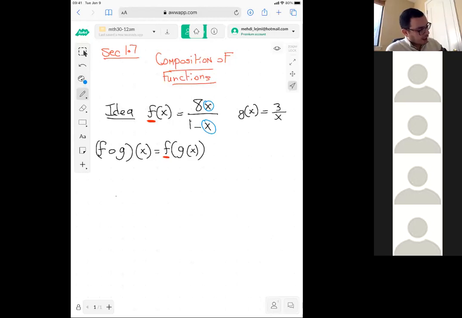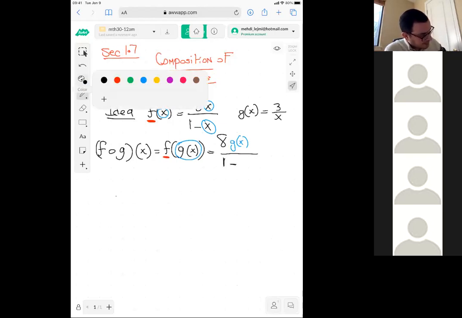So now if you want to compute f of g of x, then instead of x, we're going to have g of x. That is equal to 8 times g of x over 1 minus g of x. Now, what's g of x?